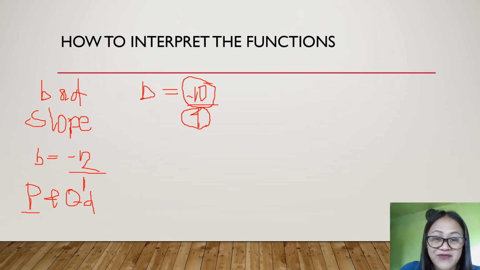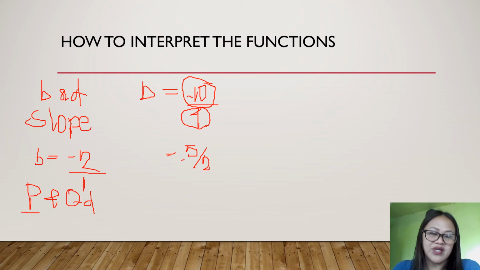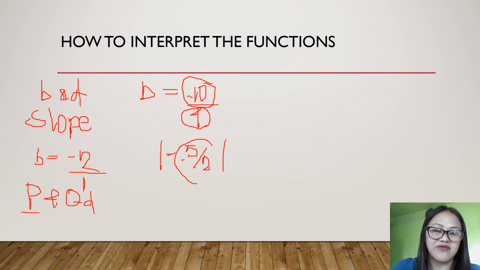If you're going to simplify that, since it is divisible by 2, it will become 5 all over 2. So that means if the price changes by 2, then the quantity will also change by 5. Or pwede din po nating ilagay ito sa absolute value. At pwede nating sabihin na as price changes by 1, quantity is changing by 5 all over 2. Got it? That's how you interpret the functions.